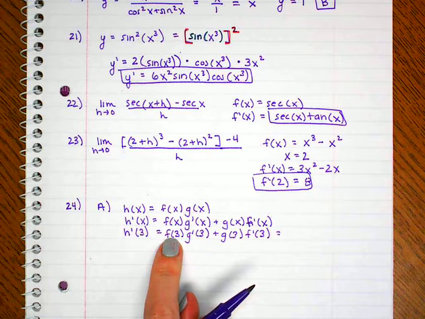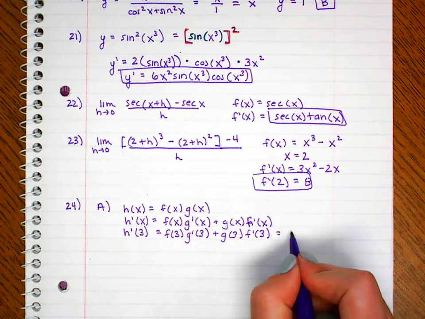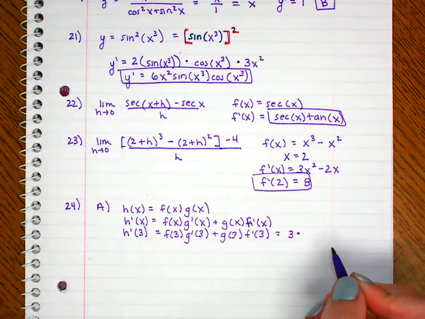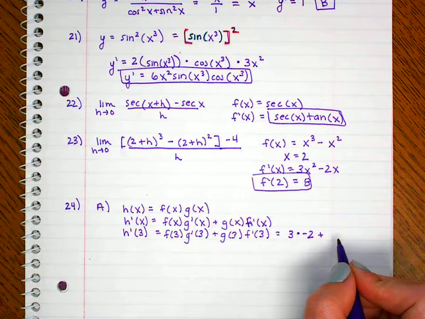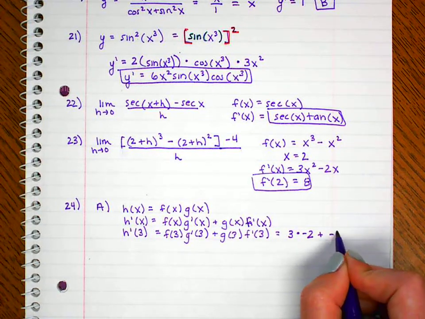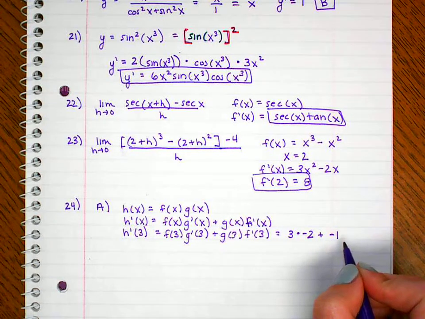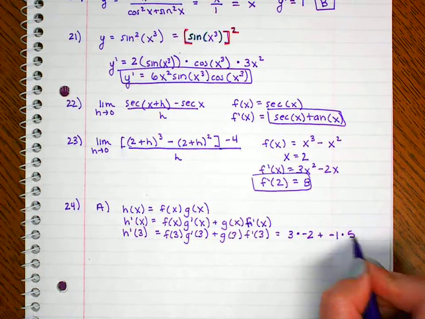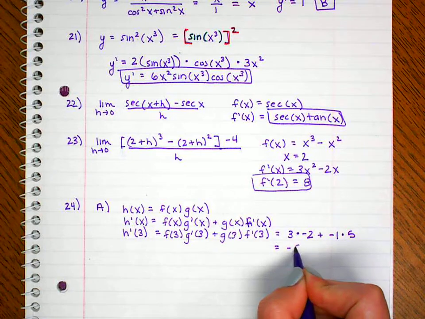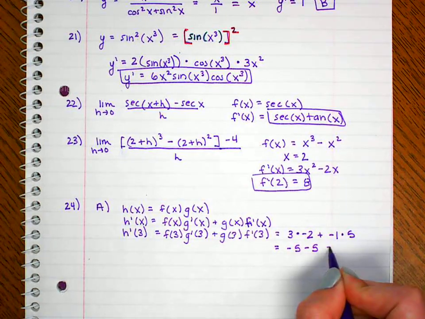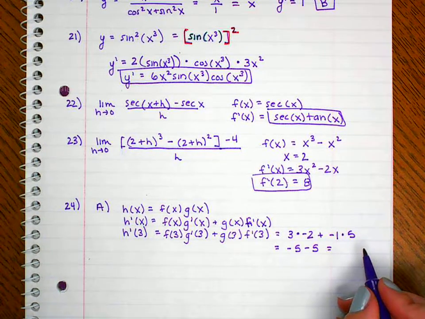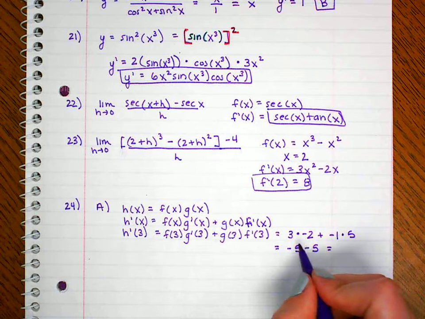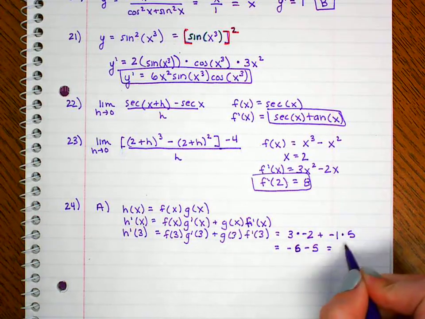Well, f of 3 is 3. G prime of 3 is negative 2. G of 3 is negative 1. F prime of 3 is 5. So it looks like I have negative 5 minus 5, so we have a good old negative 10. Oh, sorry, I'm being silly. This is 6. Negative 11.